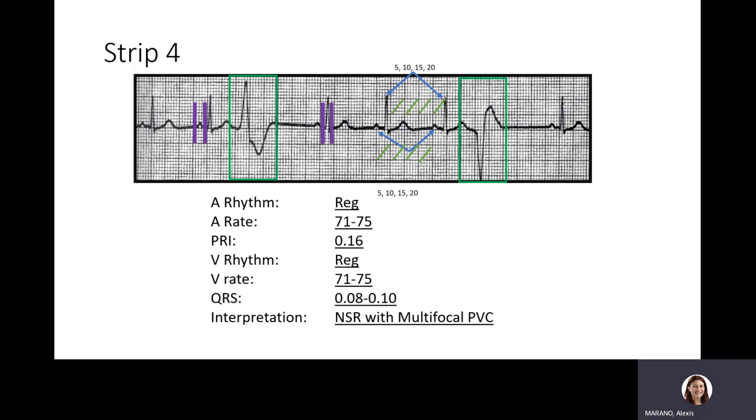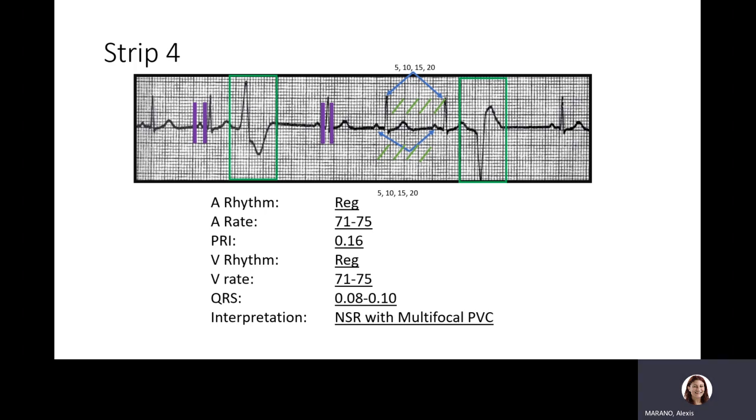Your PRI, as seen with the purple, will measure 0.16. Ventricular rhythm, your QRSs do march out, making it regular. So you might have seen 2 abnormally shaped QRS complexes. That is okay. Just circle them. We will address them with our interpretation. They do not count towards the rate or the rhythm.